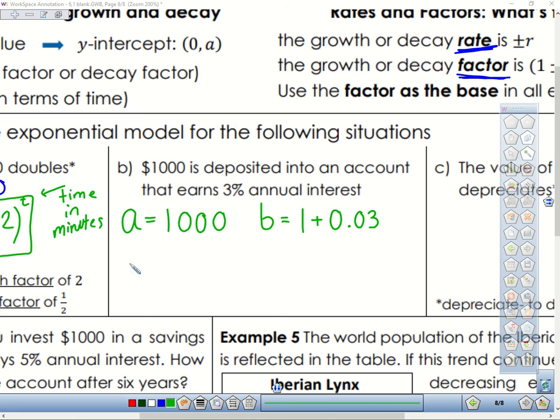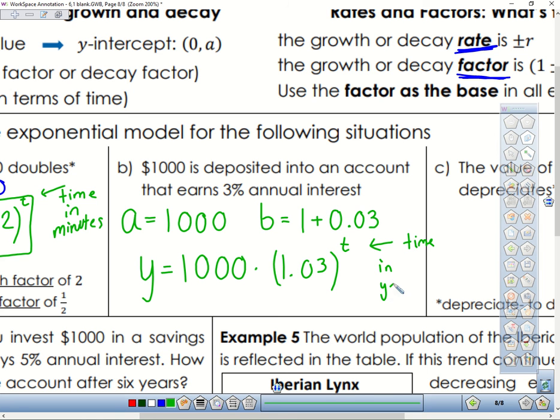So your equation is going to be y equals a times b to the t power because it's time. And this is time in years. So it's important to know when you deal with time, what kind of time we're talking about.